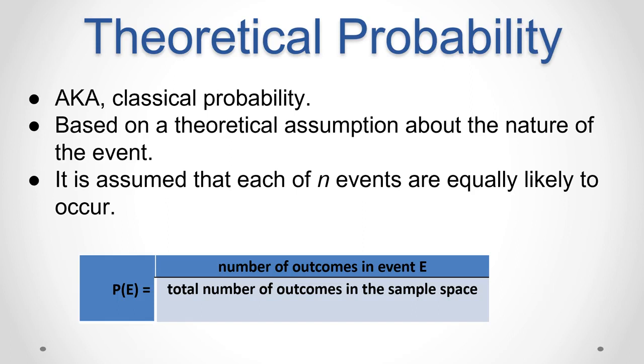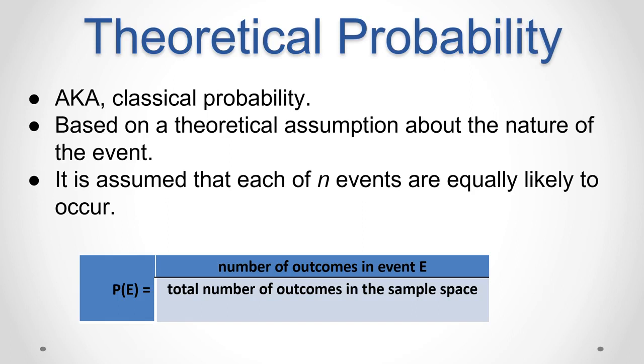A theoretical experiment is considered to have equally likely outcomes when each outcome has the same probability of occurring. For example, in throwing a fair die once, each of the 6 outcomes in the sample space, 1, 2, 3, 4, 5, and 6, has an equal chance of occurring.